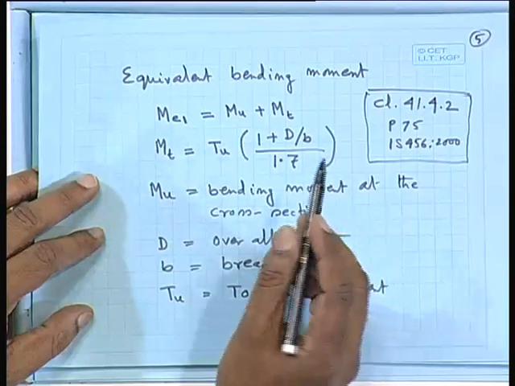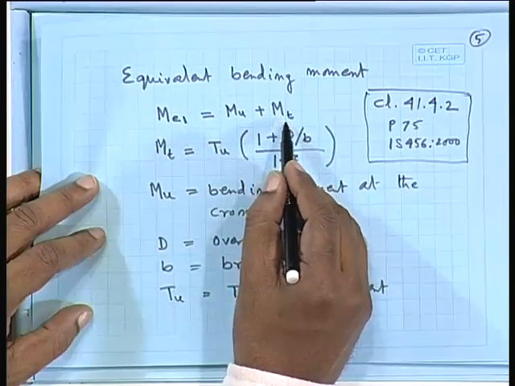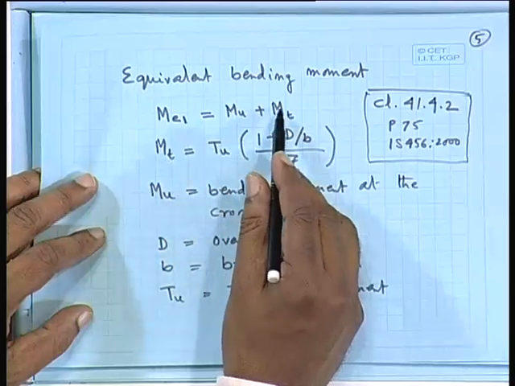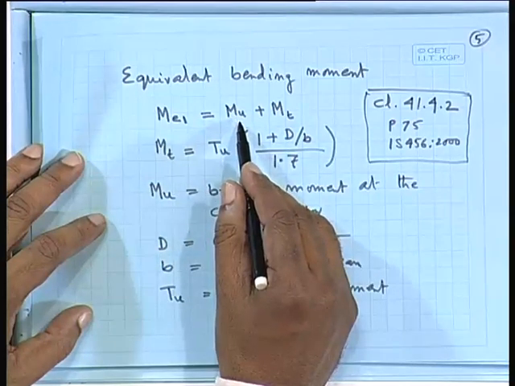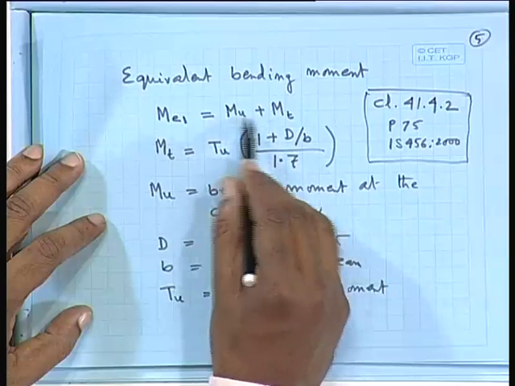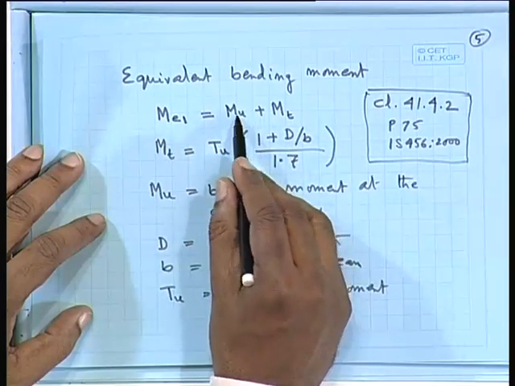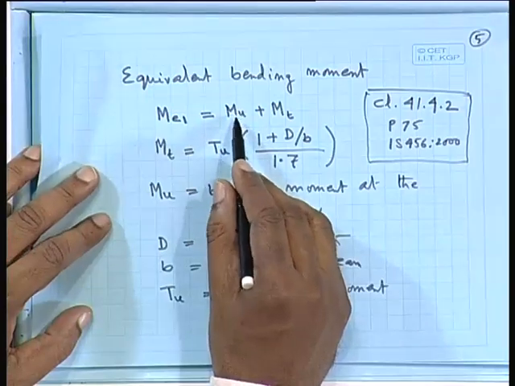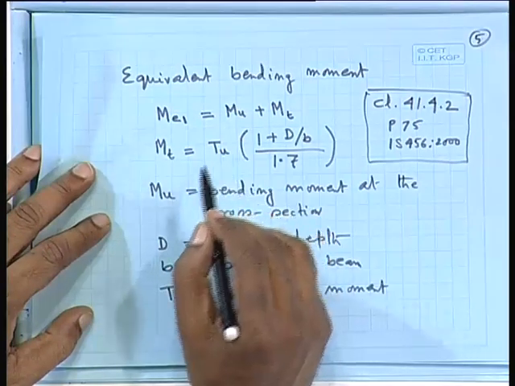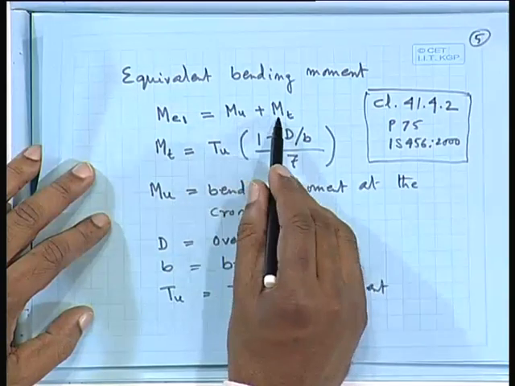Now there could be another possibility, that Mt we have got is greater than Mu. In the first case, we are adding up Mu plus Mt, and in most of the cases that is what we provide as longitudinal reinforcement at the bottom, that means Mu plus Mt.